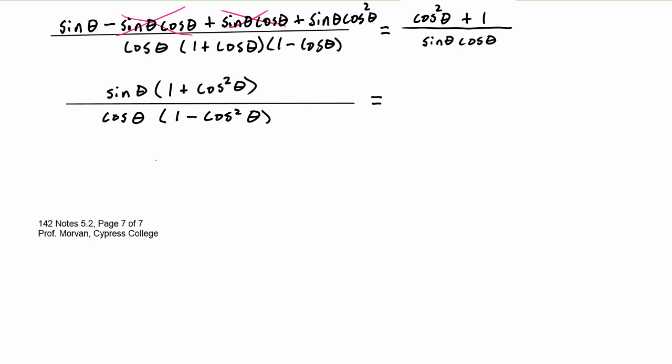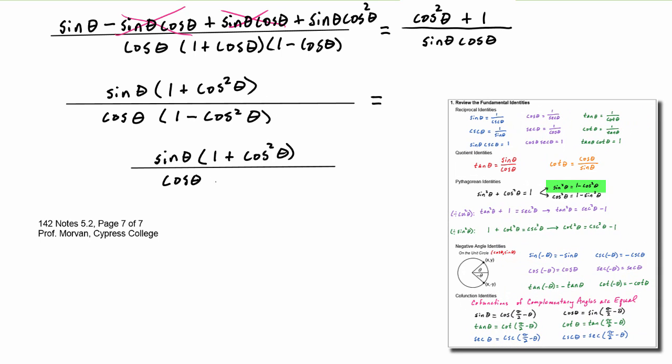So now we have sine theta in the numerator, 1 plus cosine squared theta over, in the denominator we have cosine of theta, and we'll do a trig substitution here where that becomes sine squared theta.